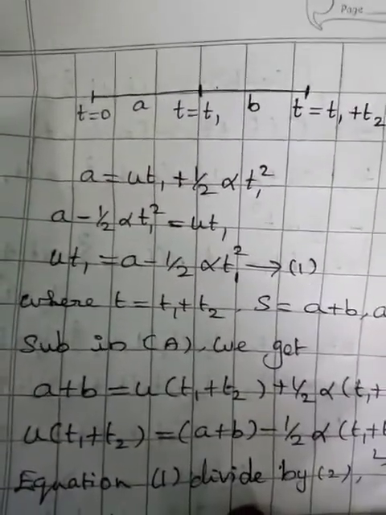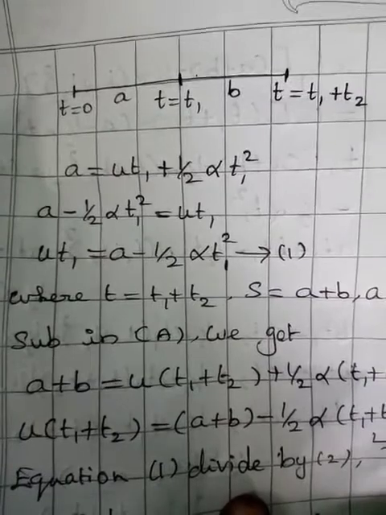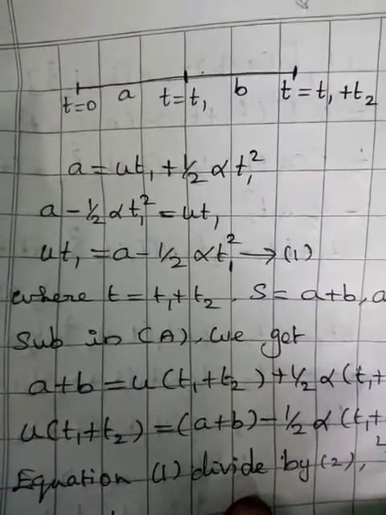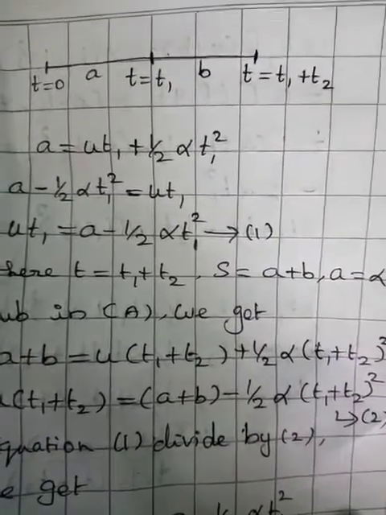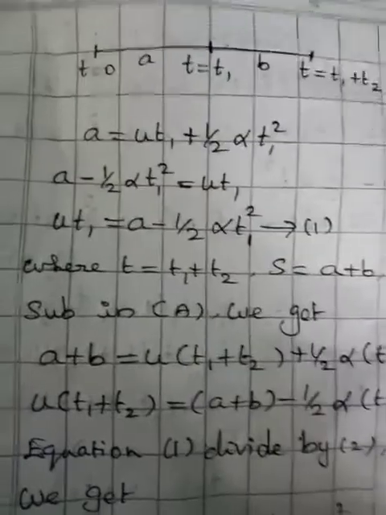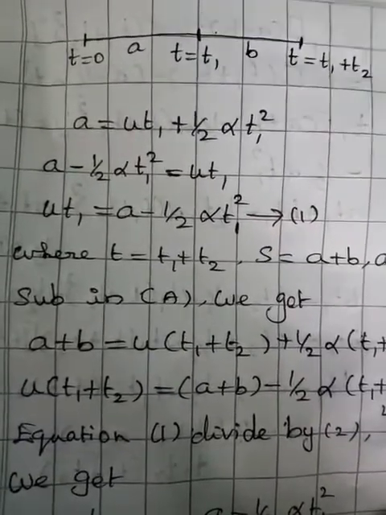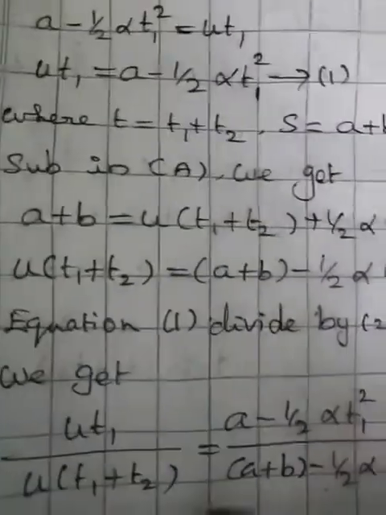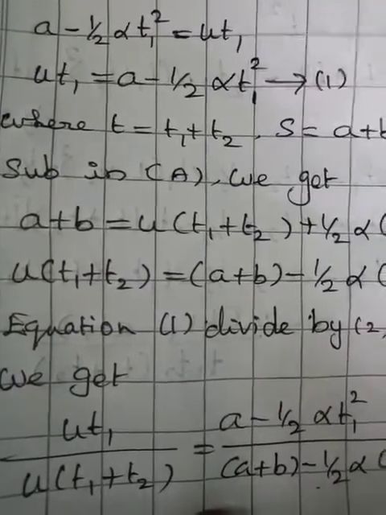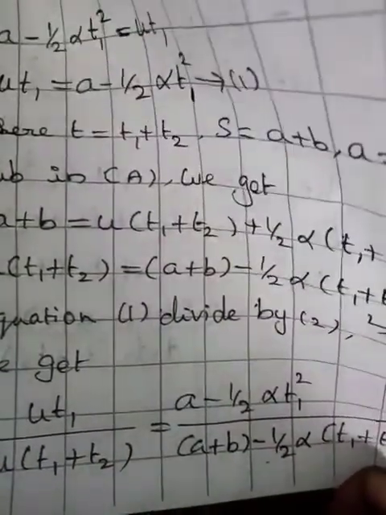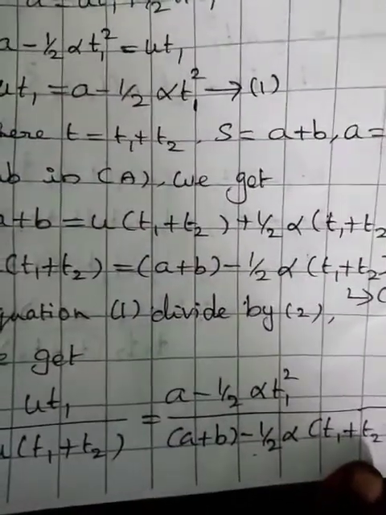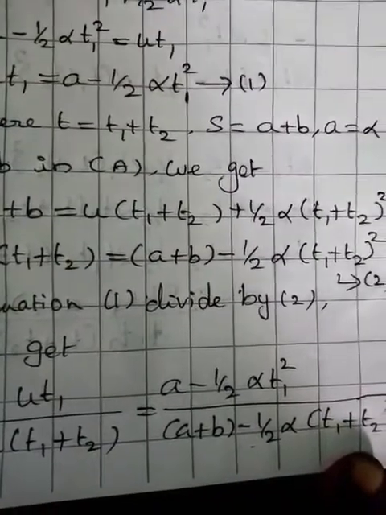Substitute in equation number a, we get a plus b is equal to u into bracket t1 plus t2 plus 1 by 2 into alpha into t1 plus t2 whole square, equation number 2. Equation number 1 divided by equation number 2, we get u into t1 divided by u into t1 plus t2 equal to a minus 1 by 2 alpha into t1 whole square divided by a plus b minus 1 by 2 alpha into t1 plus t2 whole square.